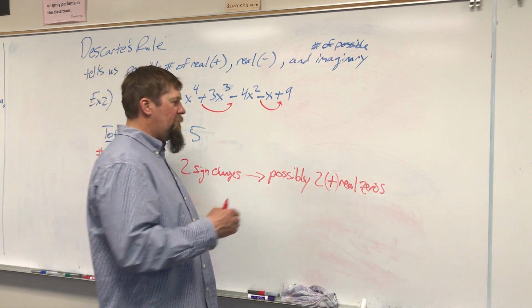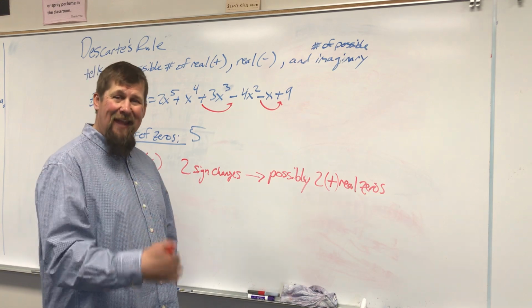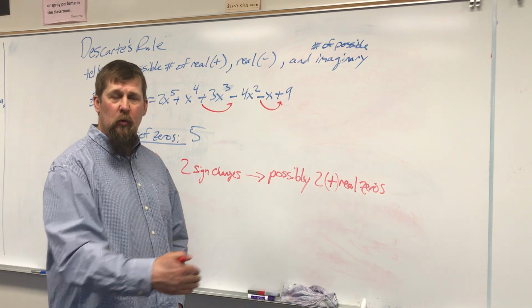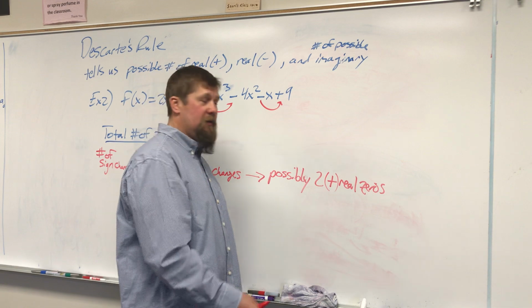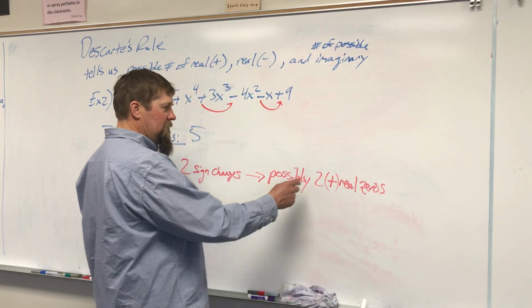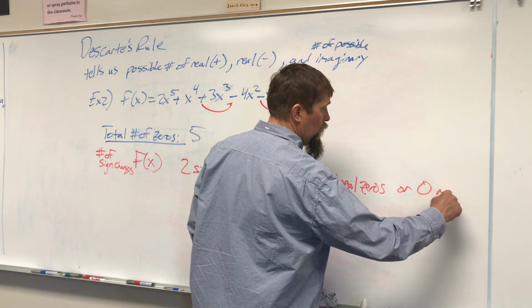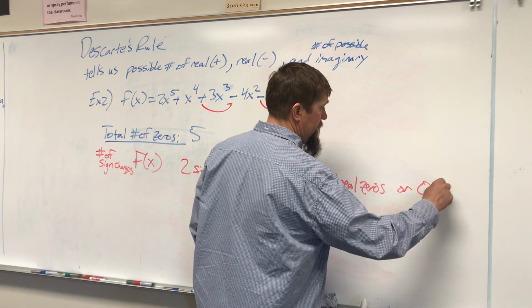So anytime you end up with a possibility of a number of zeros, you always take that number and then subtract 2 multiple times until you get to 0 or 1. So possibly 2 positive real zeros or 0 positive real zeros.